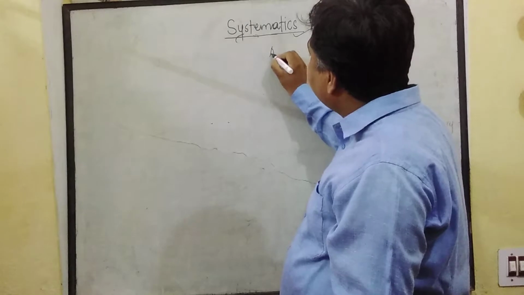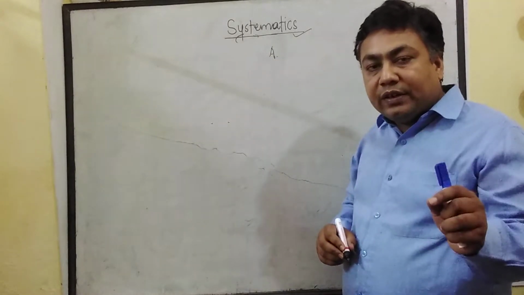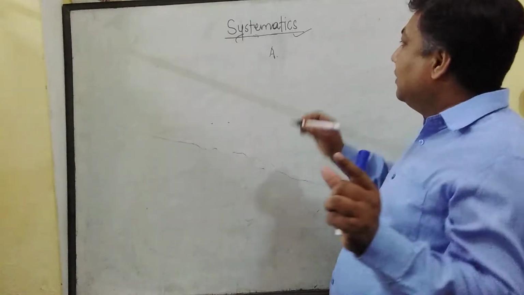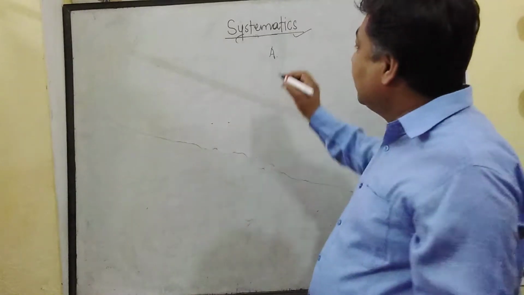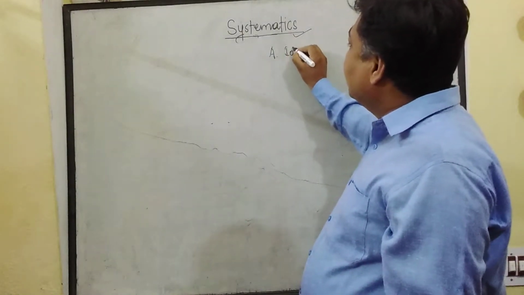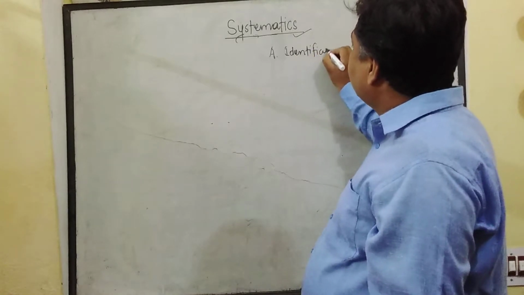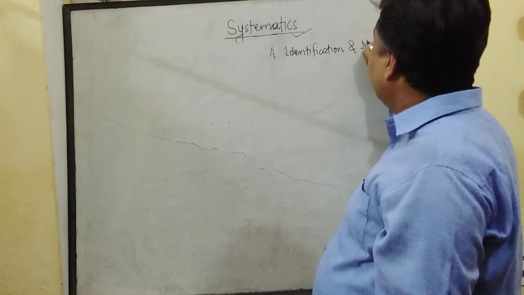A. Identification and naming of a species. What we do under systematics, point A, identification and naming.